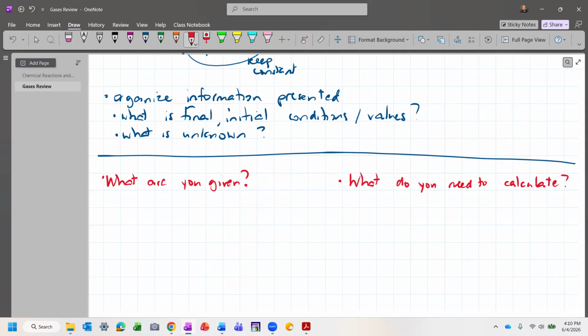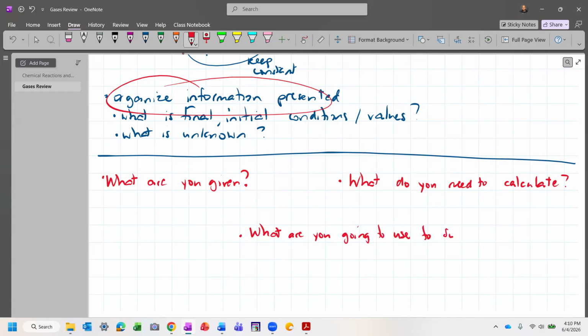Organizing the information is going to help you do that. And the third question is, how do we link those two? What you're given and what you need to calculate or find. What are you going to use to solve? In other words, what equation, what relationship or relationships, if it's a multi-step process.